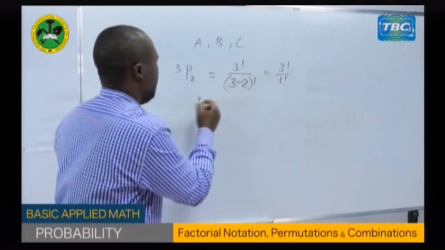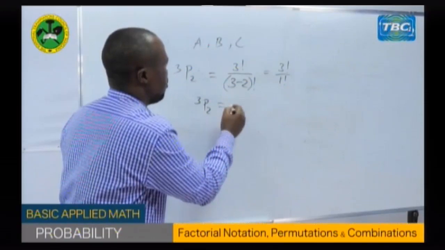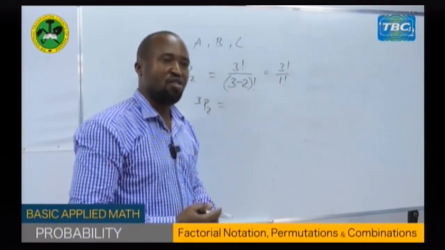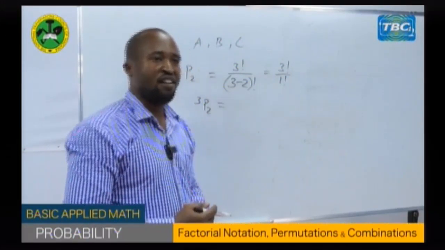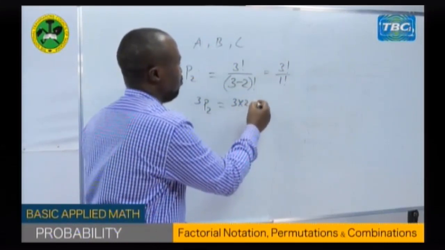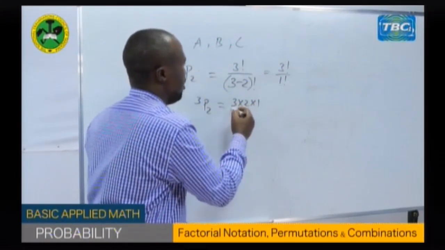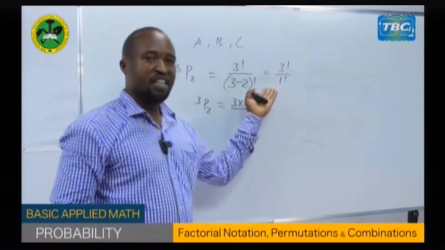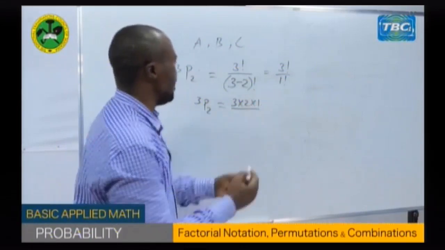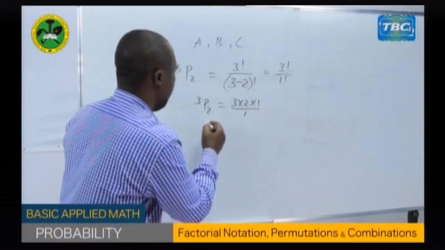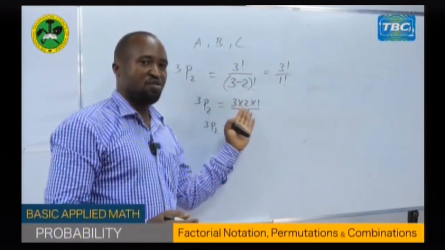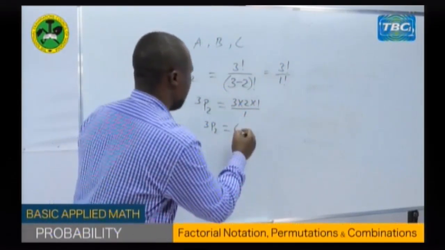So 3P2 will be equal to, now remember this, the expansion for 3 factorial by recalling the general formula for factorial notation is the same as 3 times 2 times 1 over, now remember 1 factorial is equal to 1. So here we just write over 1. So 3P2 will be equal to 3 times 2 times 1, which is equal to 6.